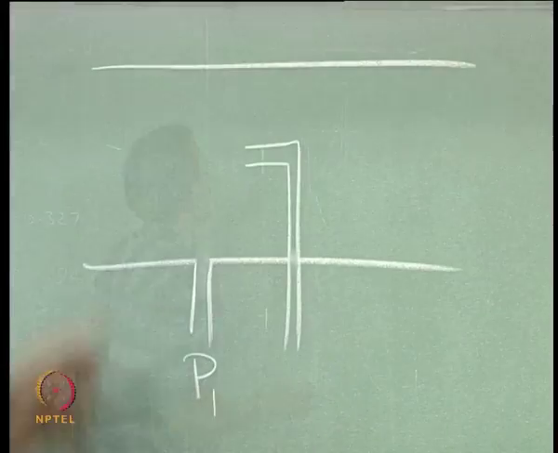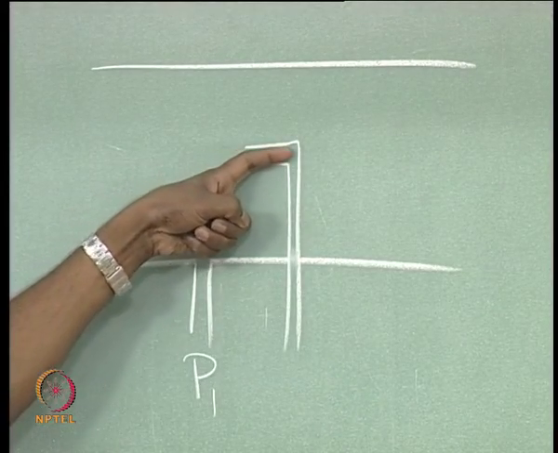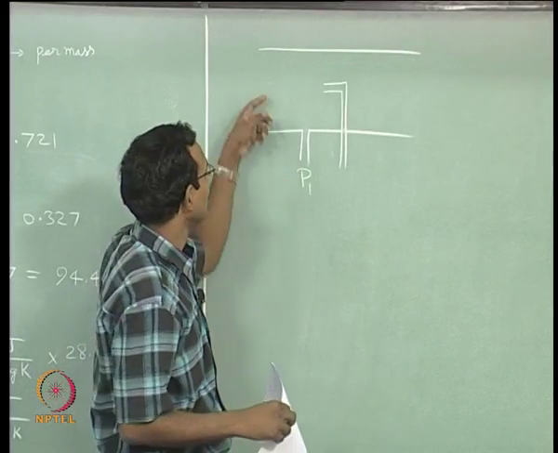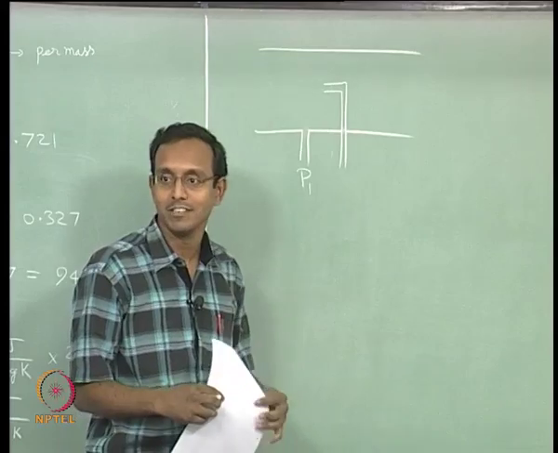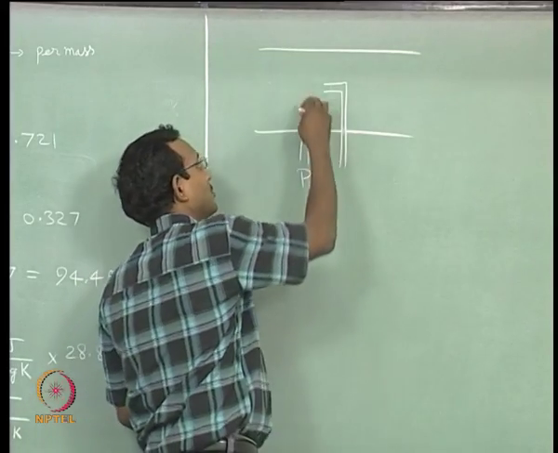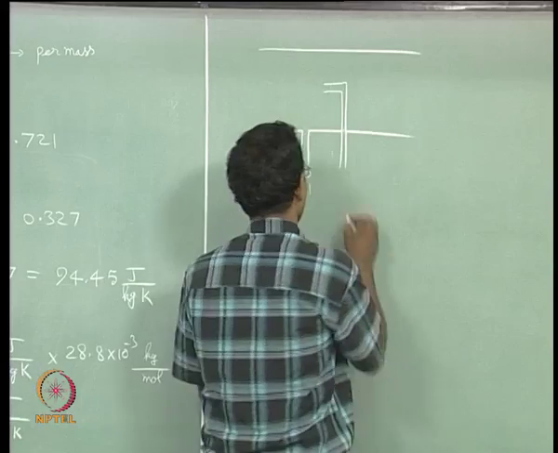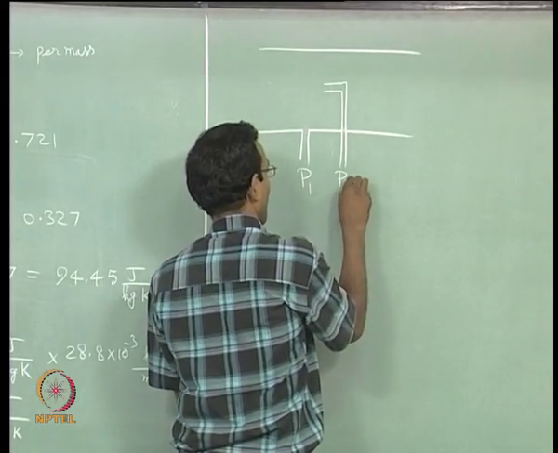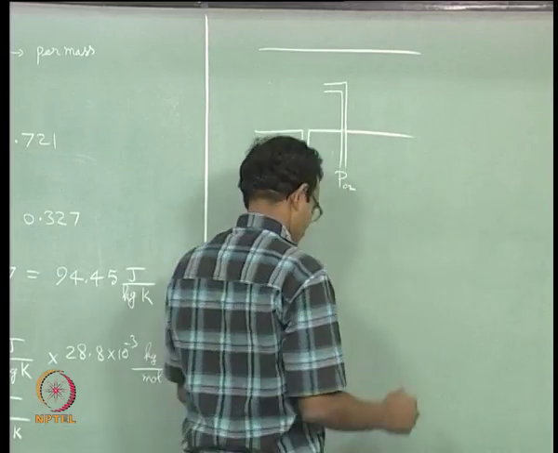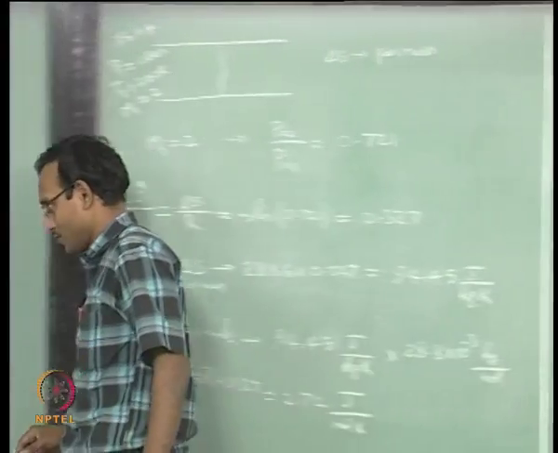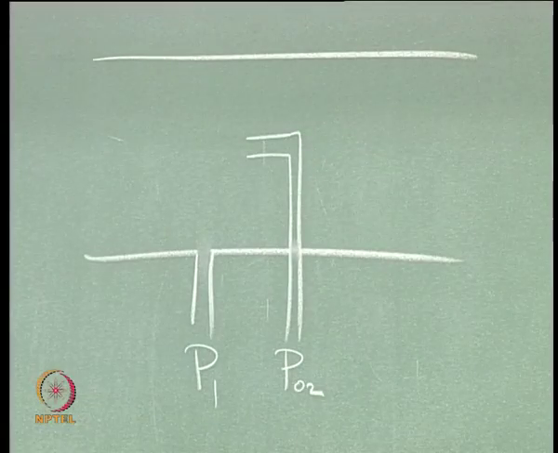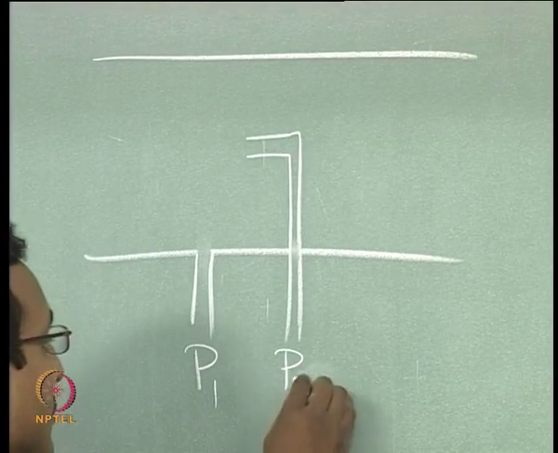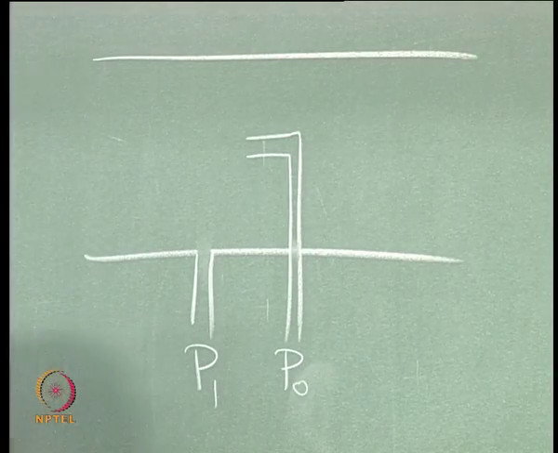The flow is coming here and slowing down to come to a stop inside the tube, so the flow is forced to come to rest inside this duct. I am going to call it close to isentropic, so it is isentropic flow, and the pressure finally at stagnation condition I will just call P0.